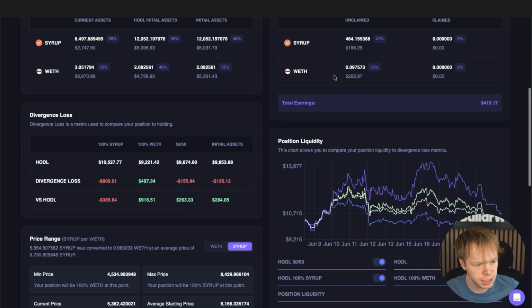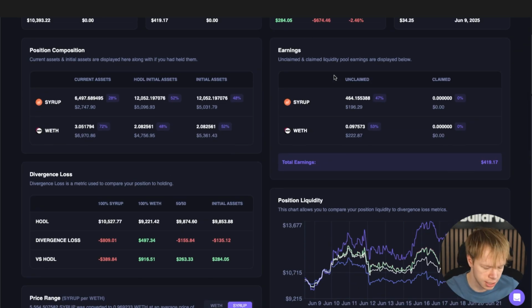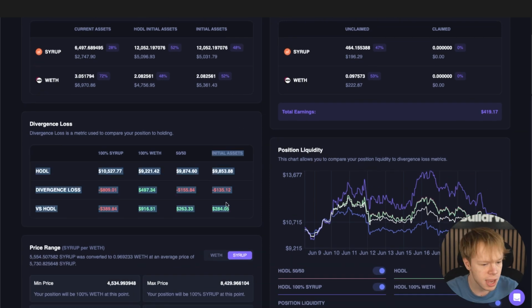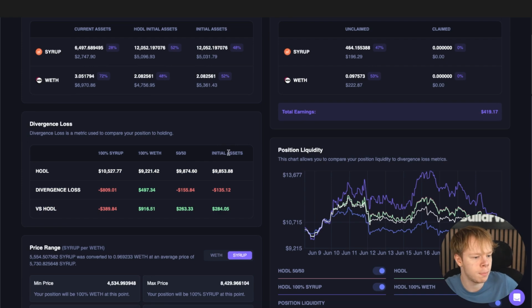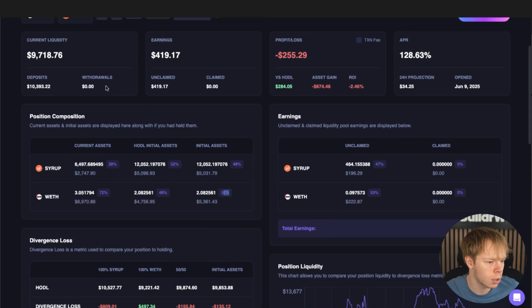So if we open up this position on Metrics Finance, which for some of this data, you will need a pro subscription. Once again, there is a free trial that you guys can open up if you do just want to try this out. But under divergence loss, we want to pay attention to this initial asset section first. This is saying, hey, Jake, you put 52% of your $10,393 deposit in Ethereum, and then you put 48% of it in Syrup when you entered into this liquidity pool.